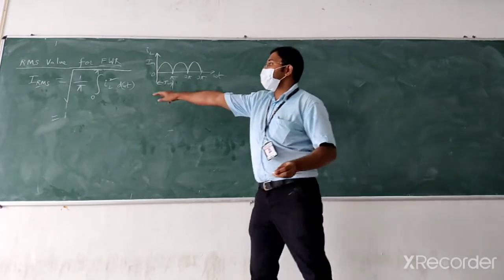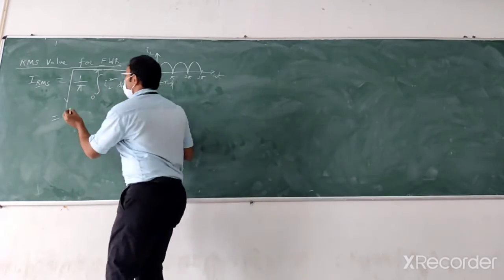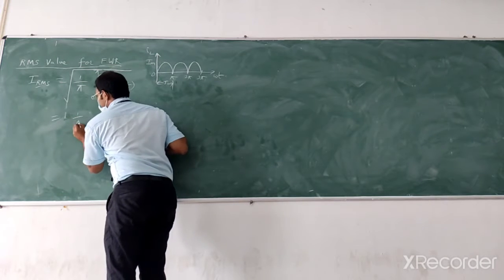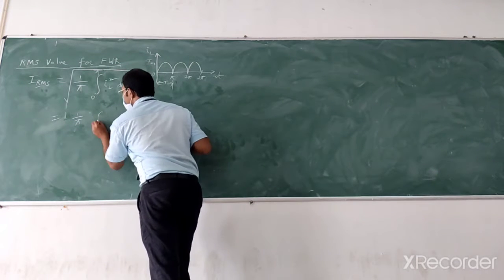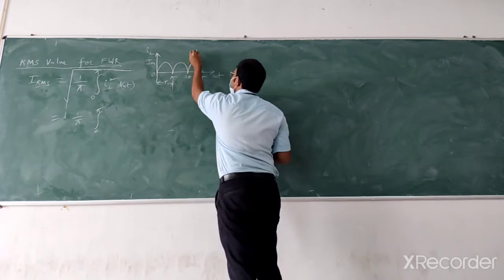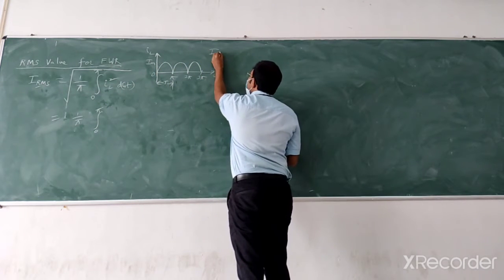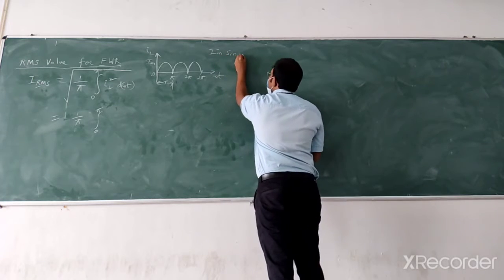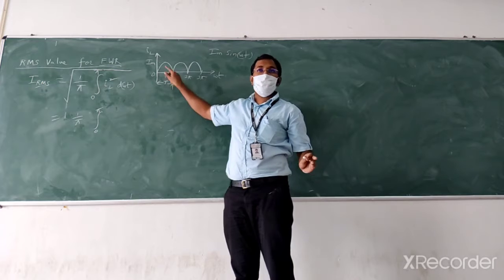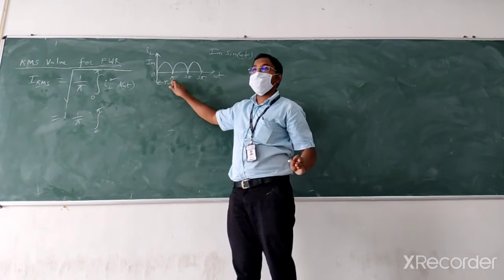So what will this be? 1 by pi as it is, then integral 0 to pi. What is i? It is following a sinusoidal shape, and we are only interested in 0 to pi.